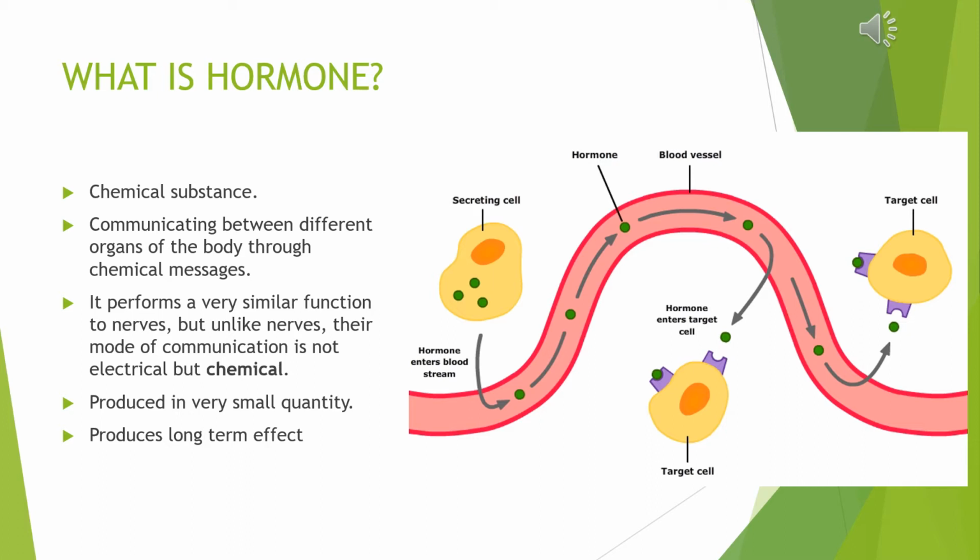Through the blood vessel, the hormone goes to the target organ in which it wants to bring about changes or effects. Upon reaching the target organ, there are some structures present on the surface of the target cell, marked in purple here. They bind the hormone and help it enter inside the target cell. After entering the target cell, the hormone brings about the desired changes that can help the body cope with the altered situation or any change.